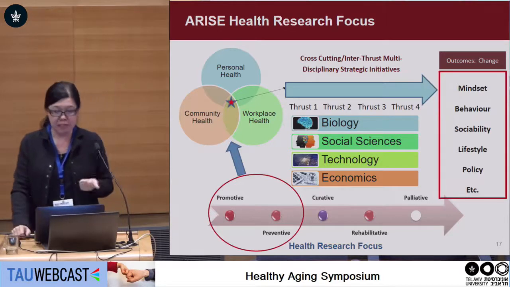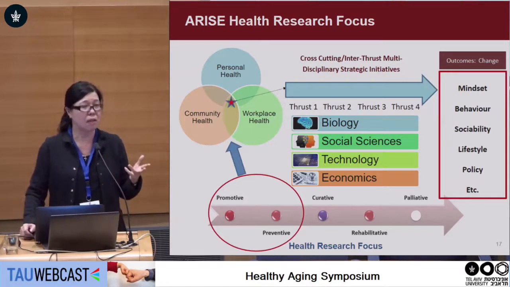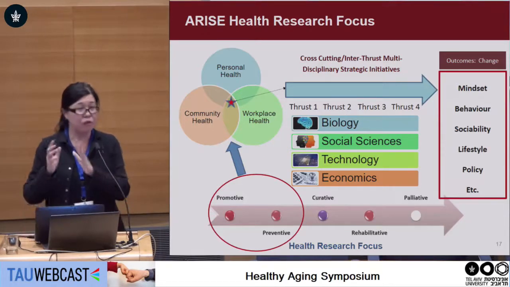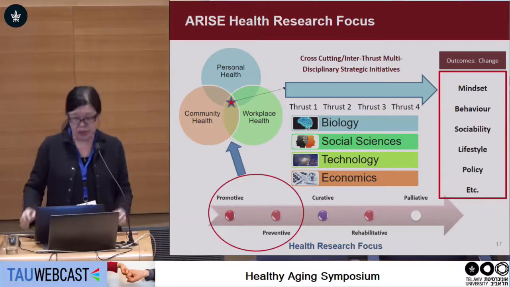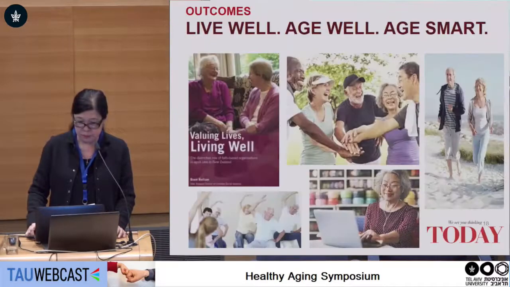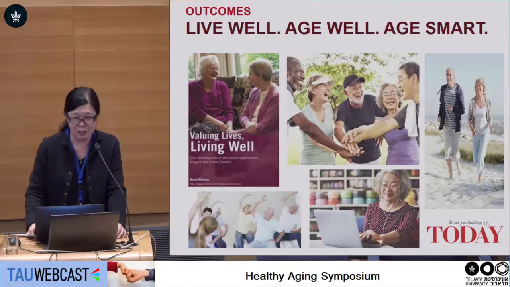So it's about mindset change, behavioral change, sociability, lifestyle, policy. Depending on what the research questions are, we will bring people together to work on the problem, right? So the outcome is really live well, age well, and then age smart.